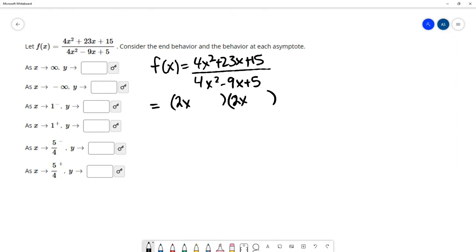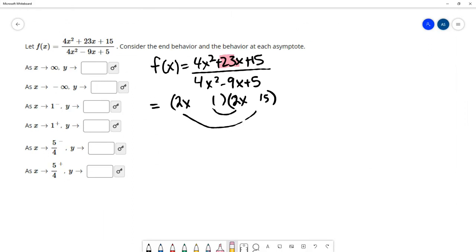And for the 15, let's try 5 and 3. That would give me 10 and 6, which is not correct. And even if I switch those, it wouldn't work. What I'm trying to get is the correct middle number of 23. So 10 and 6 won't give me that. If I change it to maybe 15 and 1, that would give me 2 and 30, which is not the right middle number.